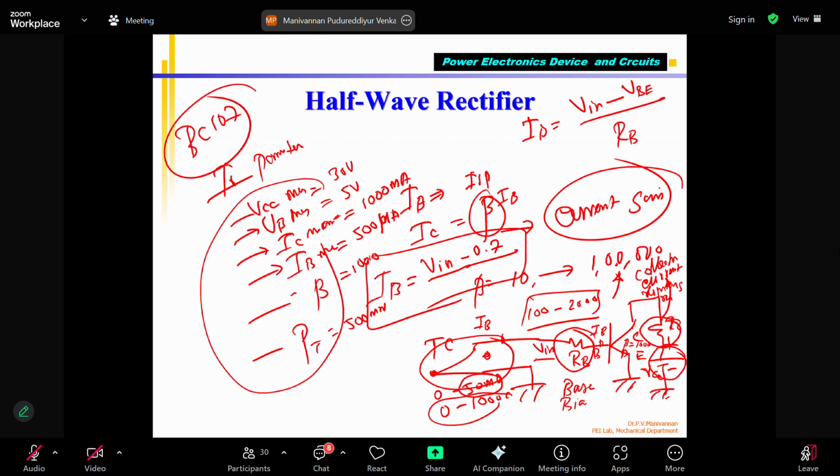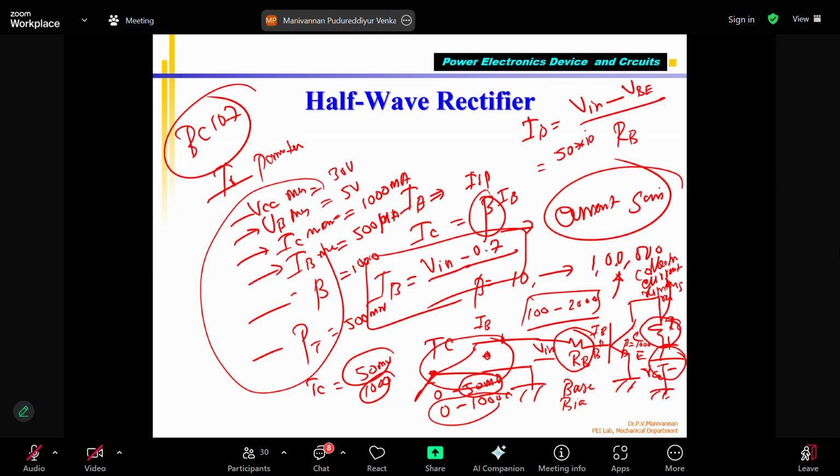Now, if I give directly, what is the current? We are giving 50 millivolts, correct? I said TC produces 50 millivolts if the junction temperature is 1000 degrees. What is Vin? That sensor output is your Vin. That is going to be 50 millivolts.